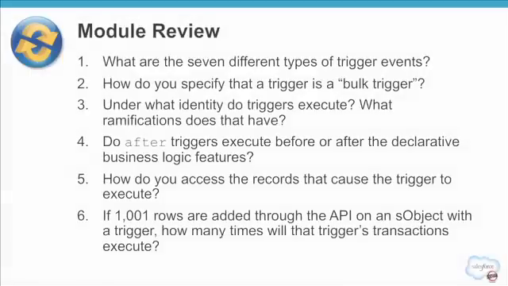Very good. How do you specify that a trigger is a bulk trigger? So this is a trick question. You don't. All right. They're all bulk triggers. So just a little bit of history.